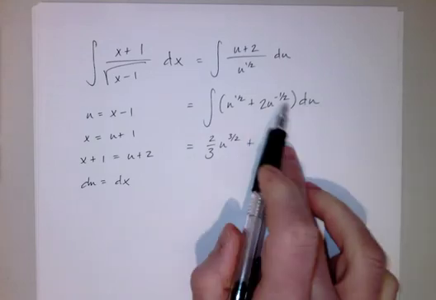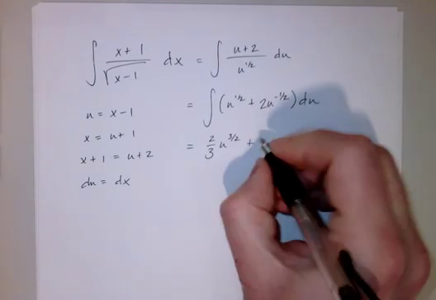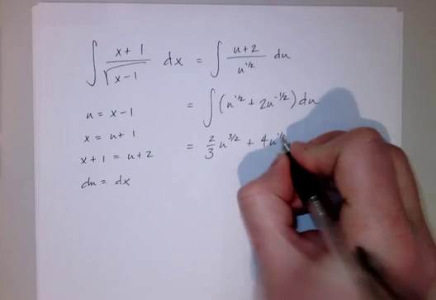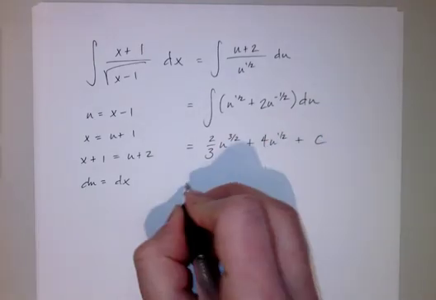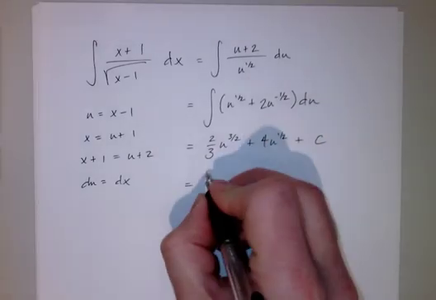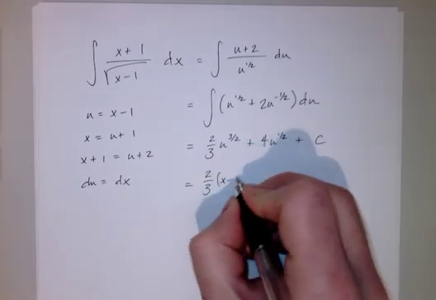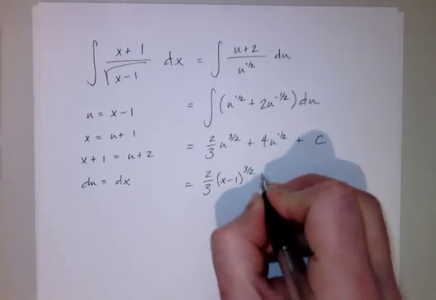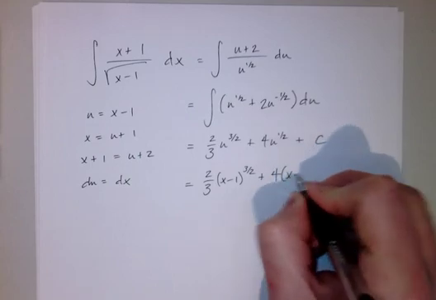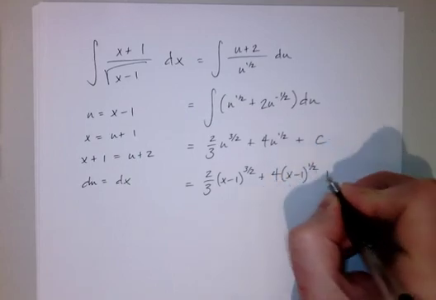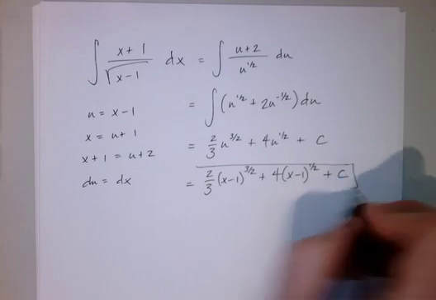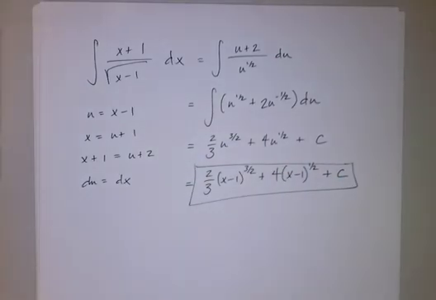If I add 1 to this, it becomes 1/2, so that winds up being 4u to the 1/2 plus c, and then I just have to substitute in the binomial that I designated as u: 2/3 (x minus 1) to the 3/2 plus 4 (x minus 1) to the 1/2 plus c. Okay, and that winds up being, you know, not a whole lot of fun, but certainly very, very doable.